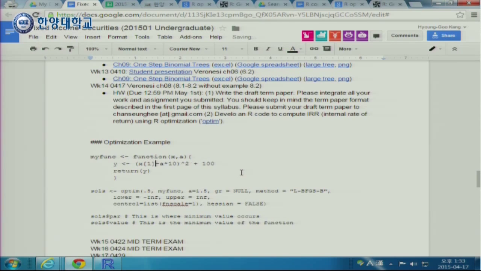Now it is a vector. Plus, now a is a vector of 2. And then a is 1.5.